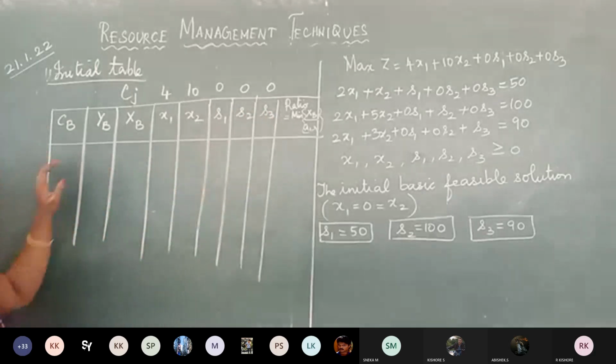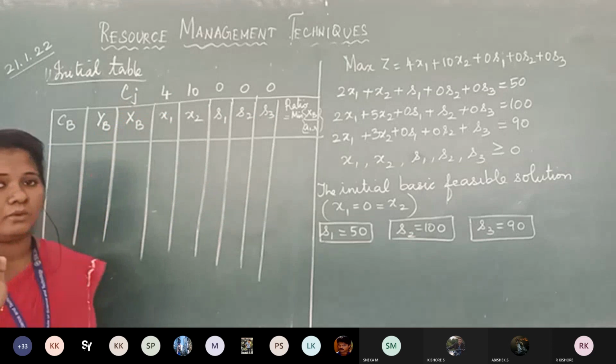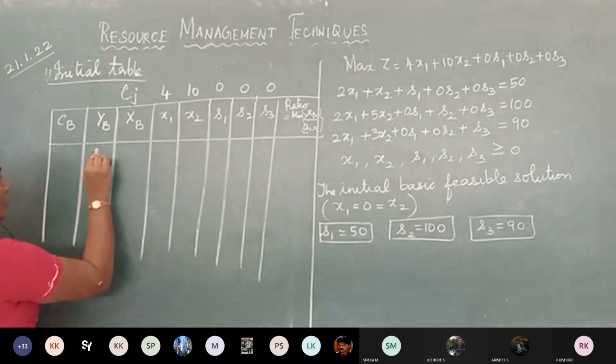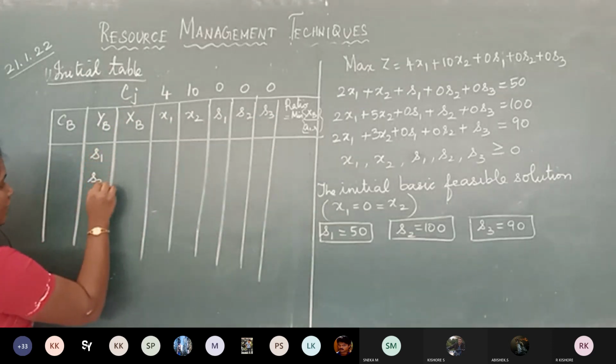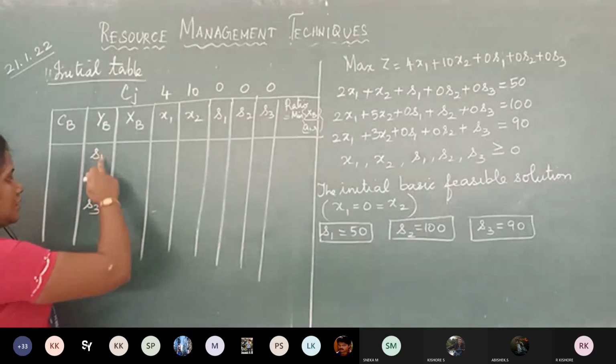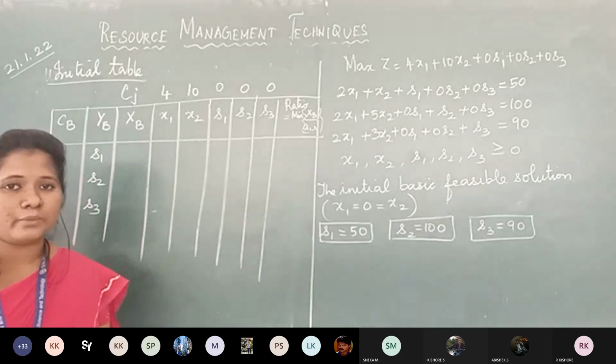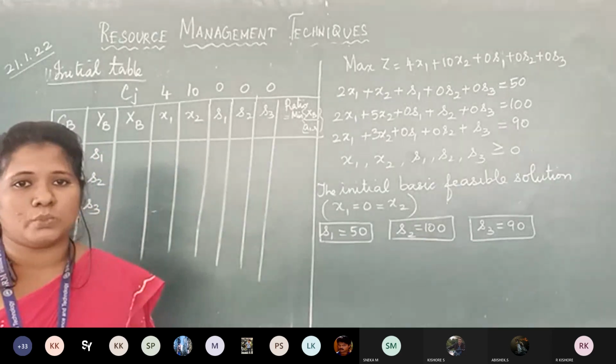Next, what you'll have to do is write the slack variables. This YB we will write down first. YB is whatever variables you've taken. We have introduced 3 slack variables, so you will write those 3 slack variables. That will be your YB. Slack variables are also called basic variables.